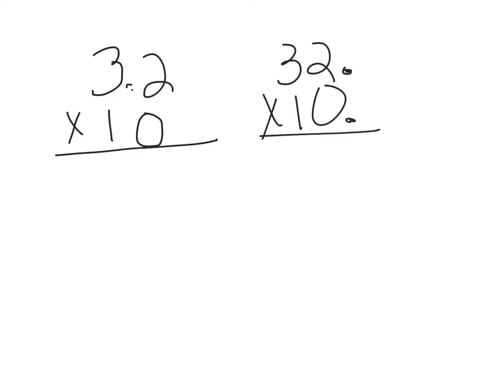But over here on 3.2, here's my decimal. When I multiply decimals, I do not have to line up the decimal. So if I were to do 32 times 10, I would say, okay, there's a 1 and a 0, so I'm going to drop that down. And 1 times 2 and 1 times 3, I would have 32. Just like that.